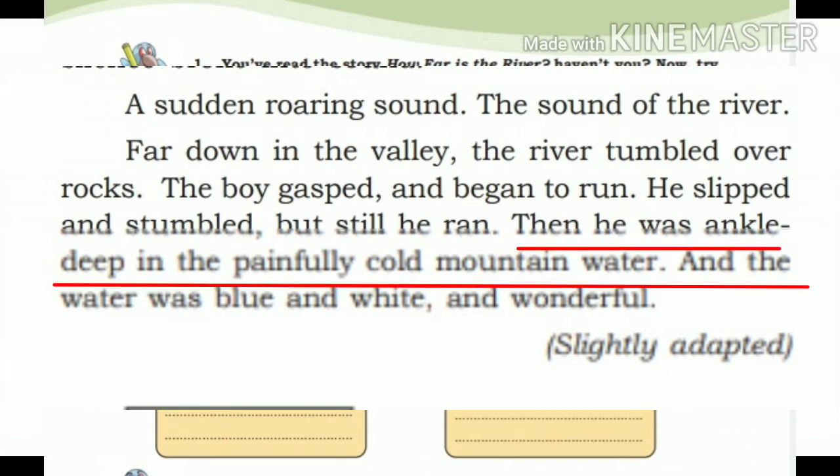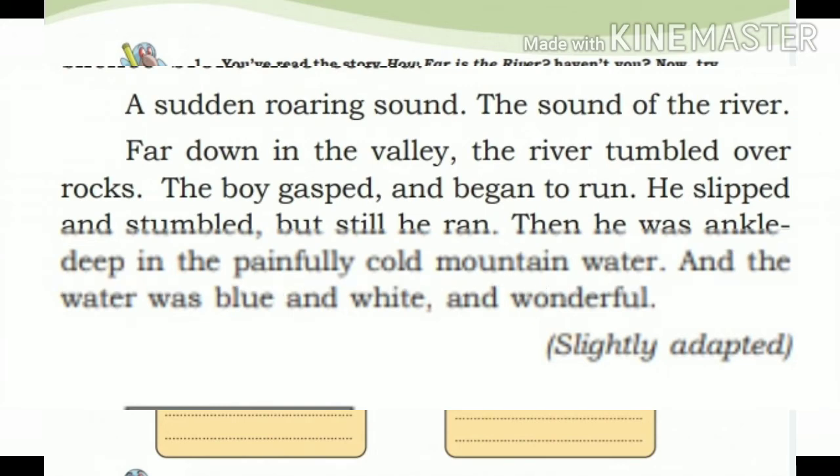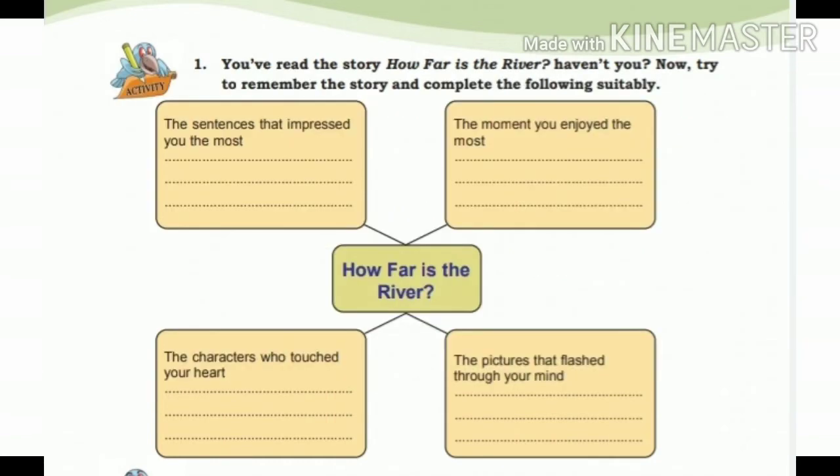"Then he was ankle deep in the painfully cold mountain water, and the water was blue and white and wonderful." See, this sentence also impressed me a lot, because he could simply write, he reached the river, that's all. But how beautifully he wrote, right? Very beautifully described that moment, very perfectly and very attractively also.